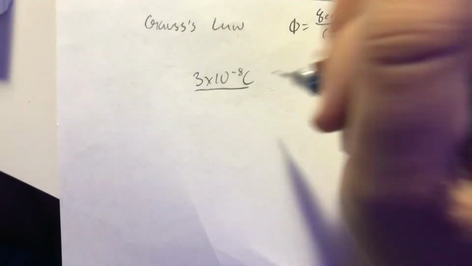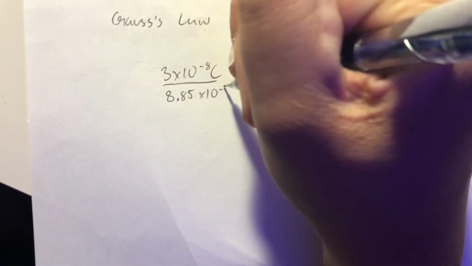So our enclosed point charge is 3 times 10 to the negative 8th coulombs, and that's going to be divided by epsilon naught, which is 8.85 times 10 to the negative 12th.